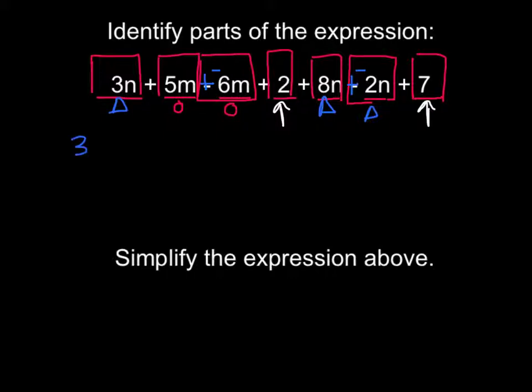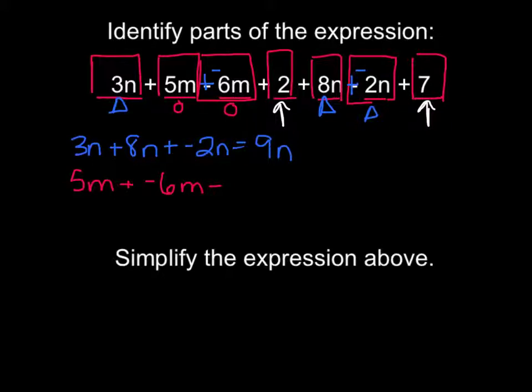I have 3n plus 8n plus a negative 2n. All of that will simplify to 9n. Now, I have 5m plus a negative 6m plus nothing. So 5m plus a negative 6m simplifies to negative 1m. And my last little bit, I have my constants, 2 plus 7 equals 9.